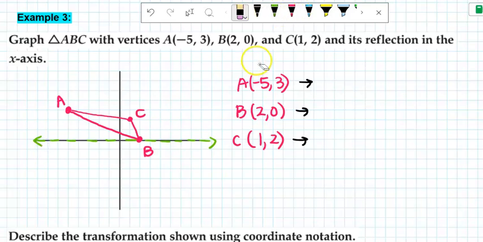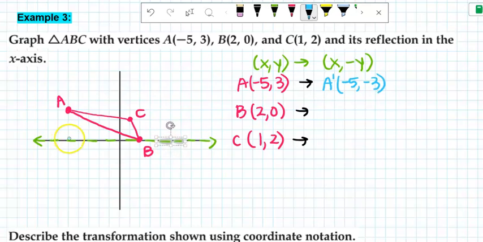So our x-axis, if you remember our little shortcut, if we're flipping over the x-axis, we change the sign of our y's. So we could, if we wanted to by hand, go through and just change the signs of all of our y's. Or if you want, you can do it visually and think A is 3 above, so it's going to go 3 below. B, oh, B, that's fun. B has a y coordinate of 0. It is on our line of reflection.